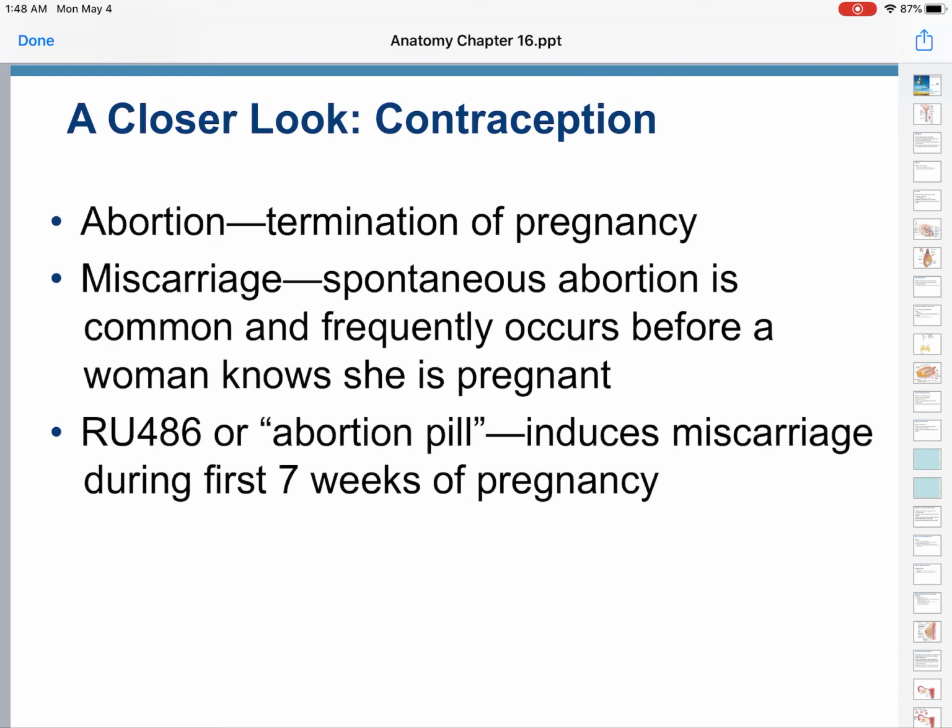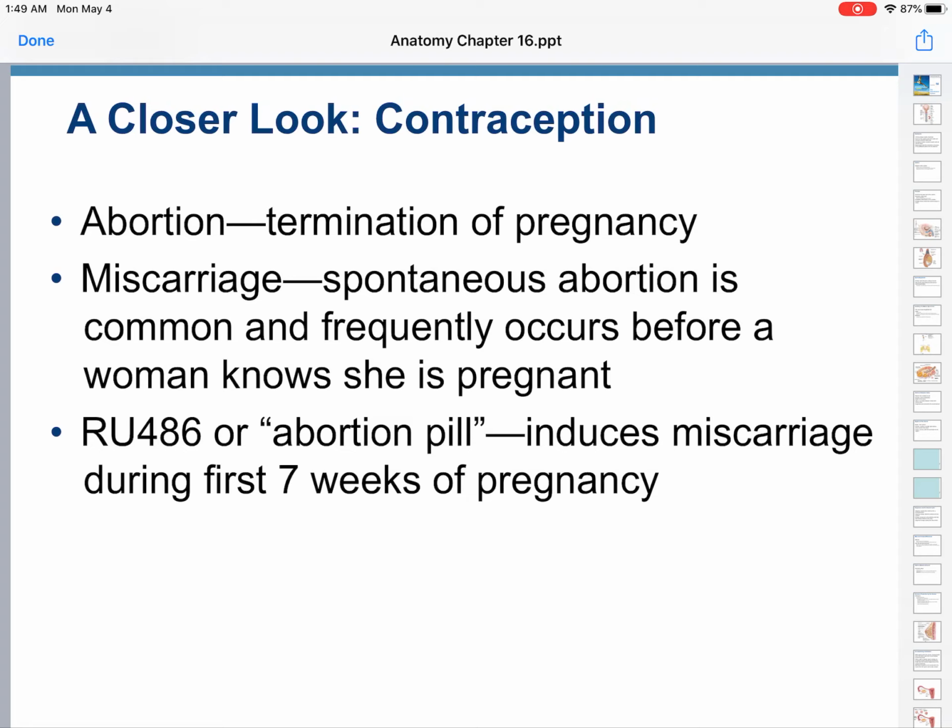There's also the traditional abortion that you hear about, ending the pregnancy during the late embryo or early fetal stage. I believe it is illegal to end a pregnancy after 12 weeks in the United States, if I remember correctly. So you would have to have an abortion before 12 weeks.